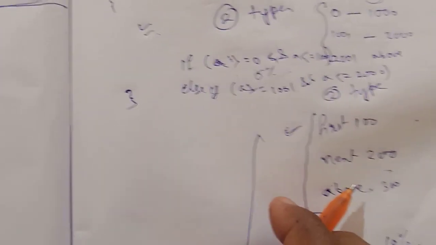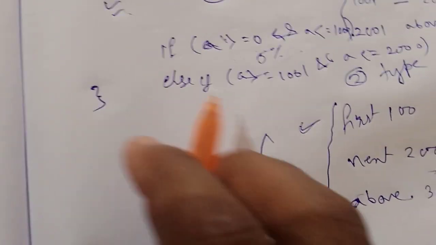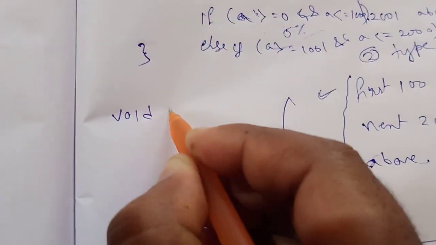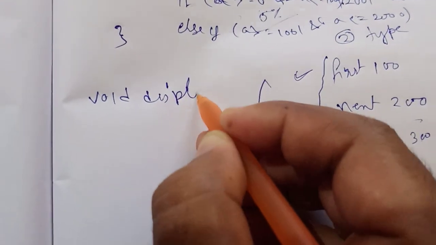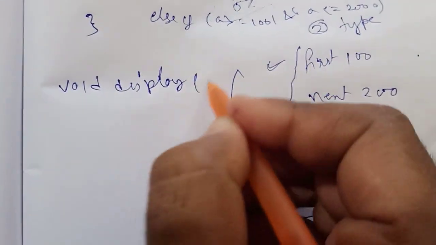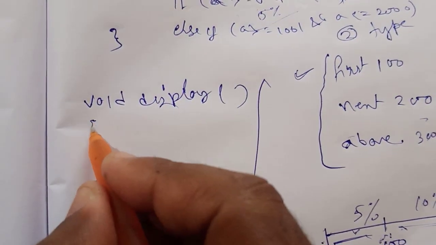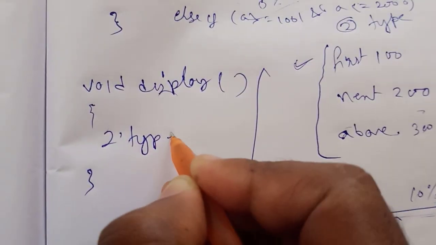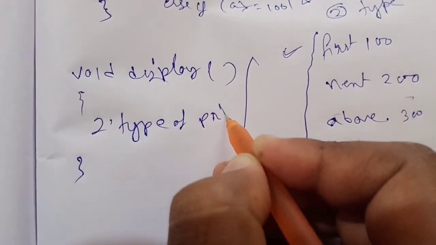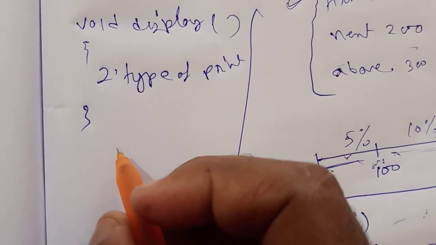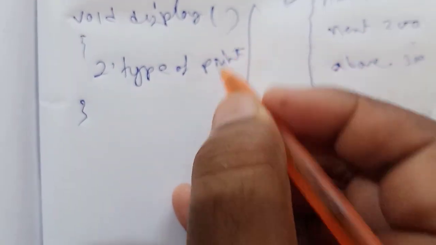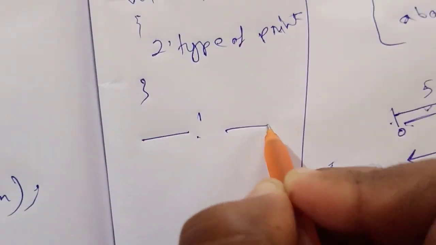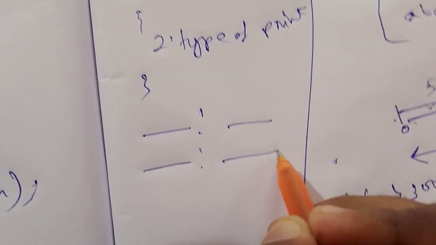And now for printing purpose you get two types of print. Suppose void display, you get two types of print. What is the type? One is you can write a message, then your value, message colon then value.